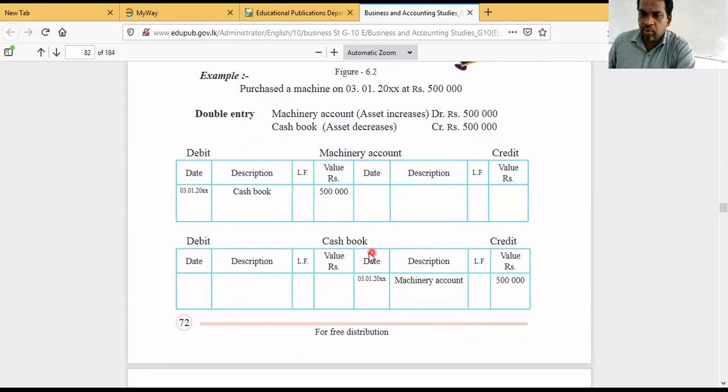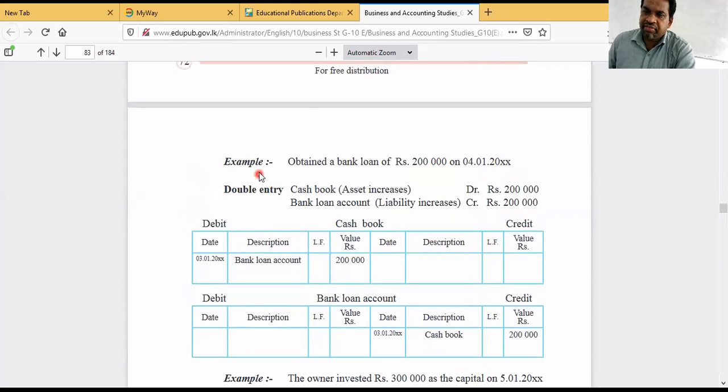Therefore, you credit to cash account, say in machine account 500,000. Always you write in the description column of an account the opposite account's name. Here, in machine account, you have written cash book or cash account. In cash book or cash account, you have written machine account. Likewise, you always write the opposite account's name in the description column.